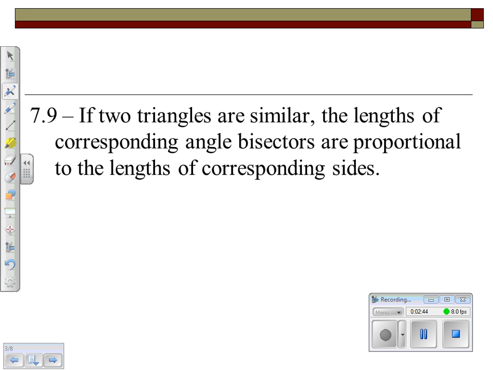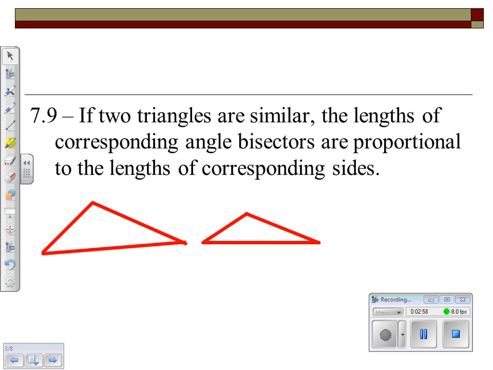So again, go ahead and draw 2 triangles with me. And if it's going a little bit too fast, you'll need to pause it. Feel free to do that. 2 triangles, kind of like we had last time. Again, why don't we just go A, B, C, D, E, F. But instead of altitudes, this one's talking about an angle bisector.